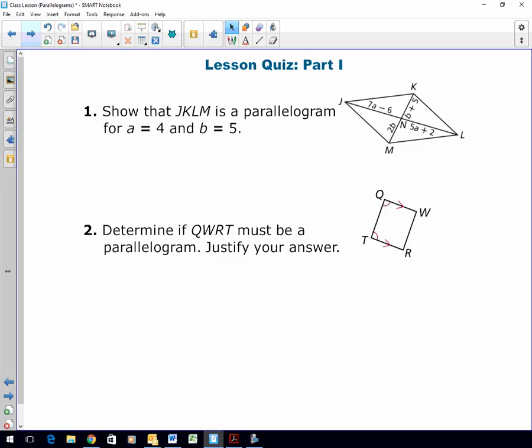Both of those statements have to be true to have a parallelogram. Down here, I have consecutive congruent angles. Is that what I want for a parallelogram? No, I want consecutive supplementary angles. Okay? I'm sure that you will have questions.